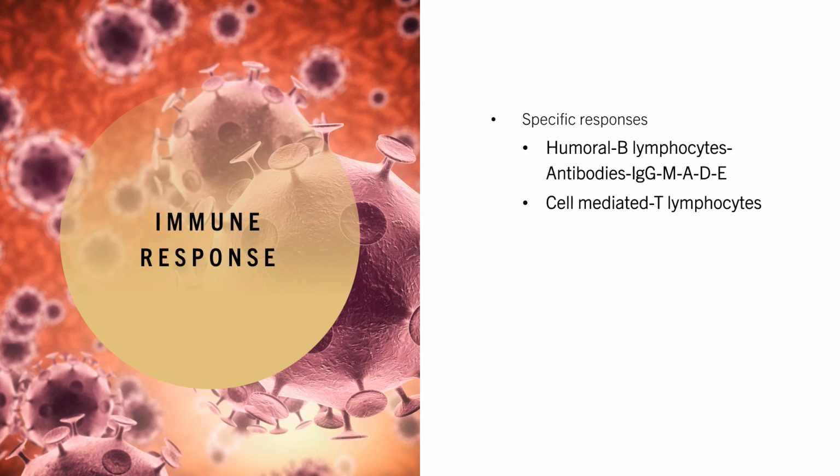So we get IgG, IgM, IgA, D, and E out of all of the different lymphocytic B cell immunoglobulin creation. Then we have cell-mediated lymphocytes, which are the T cells, and they are reacting specifically to viruses, fungi, parasites, foreign tissues, and then other types of antigens.